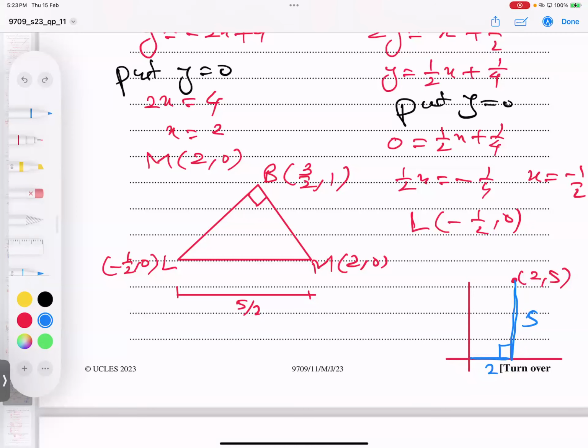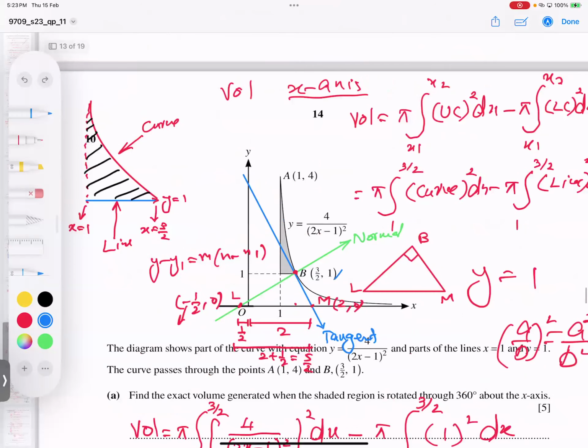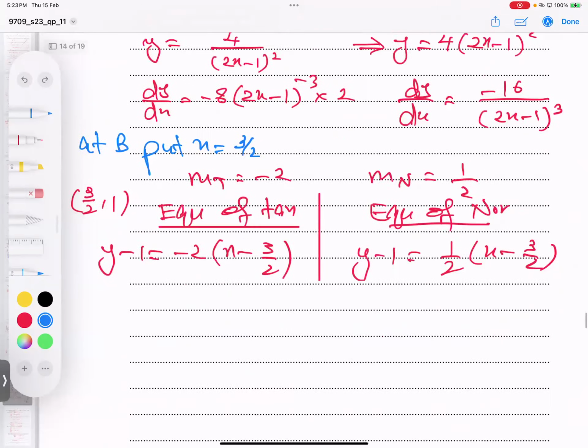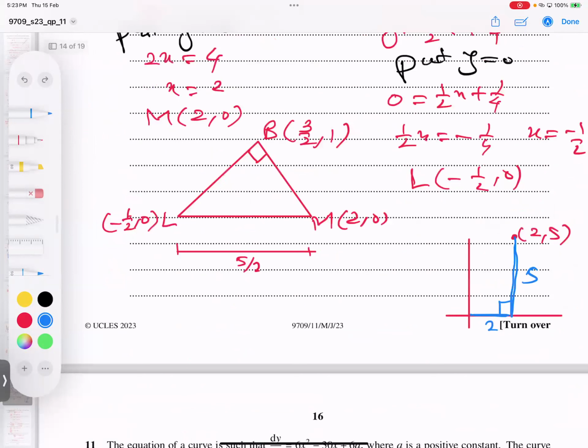So from the coordinate (3/2, 1), this gap is 3/2 and this gap is 1. This 1 represents the height of B from the x-axis. So simply, this gap from here till here is called height, which equals 1.